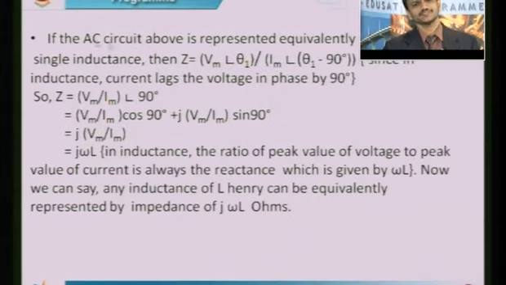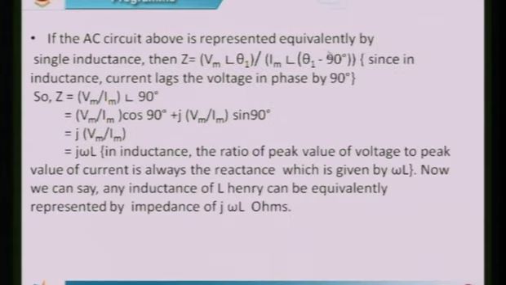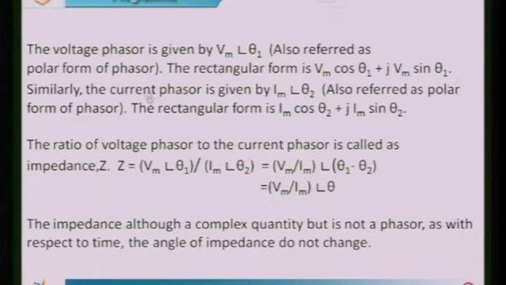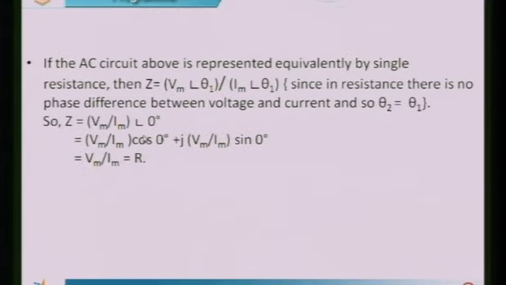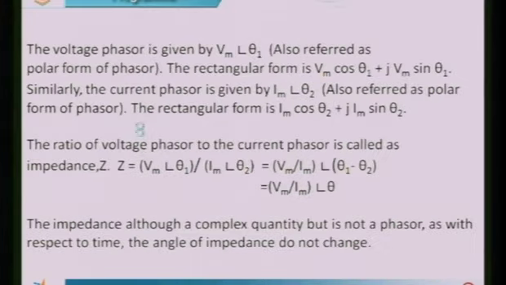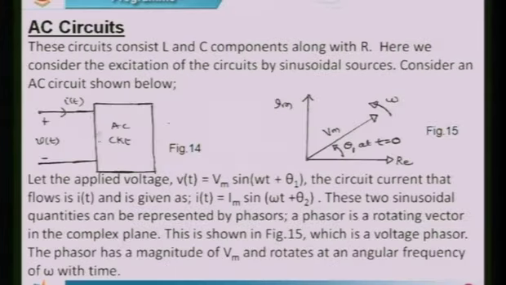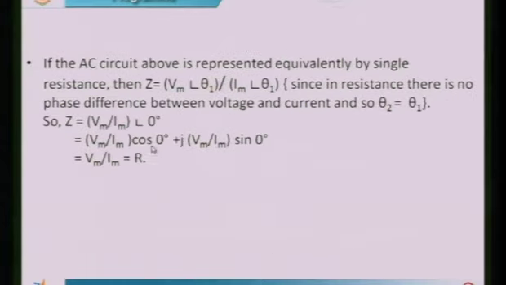Now if the AC circuit above is represented equivalently by a single inductance, that entire AC network which we have shown here, if we can equivalently represent it between these two terminals by a single inductance, then what is the impedance of the circuit?